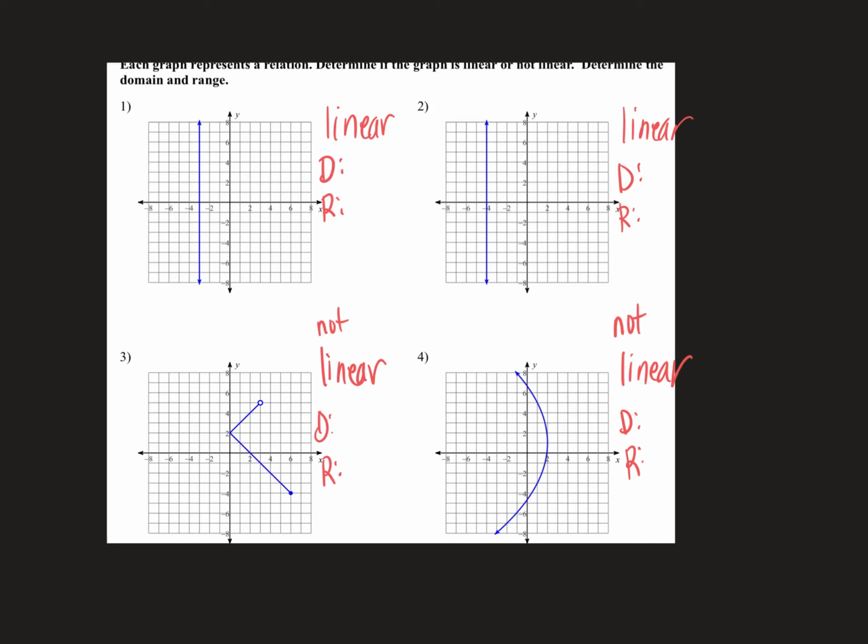I'll grab a highlighter. Domain I'll highlight in red, and range I'll highlight in blue. Okay, so let's start with domain. For this first graph, how far left or right does this graph go? Well, it only goes to here.